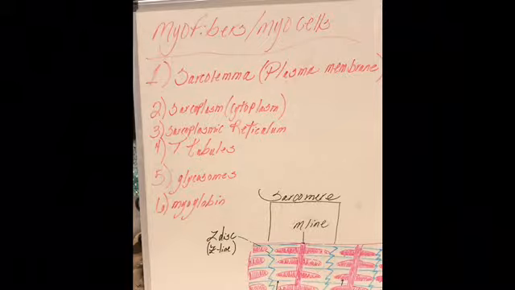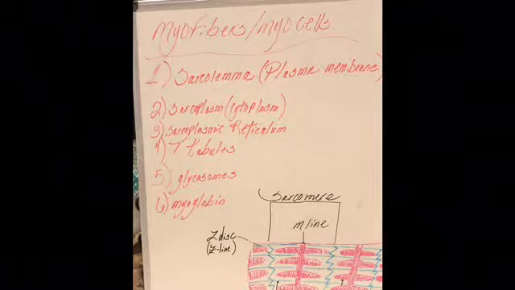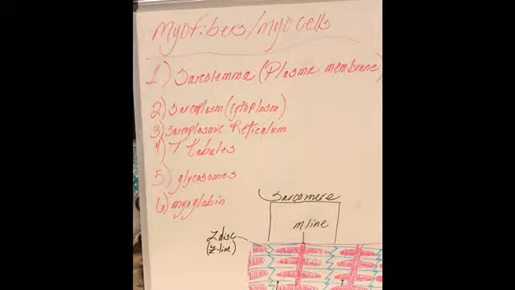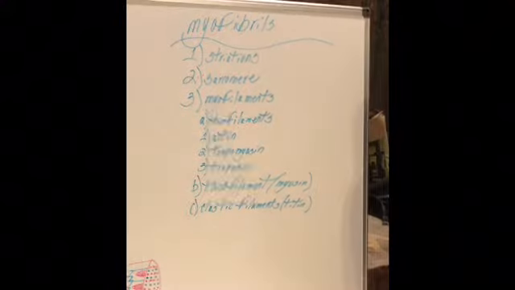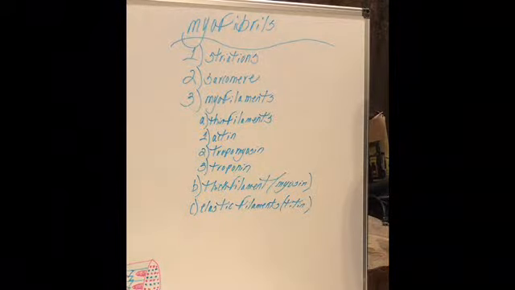Sarcoplasmic reticulum stores calcium and has a loose network of tubes. T-tubules are an extension of the sarcolemma and are located deep in the muscle cell. Myofibrils run parallel to its length and are densely packed in fibers.